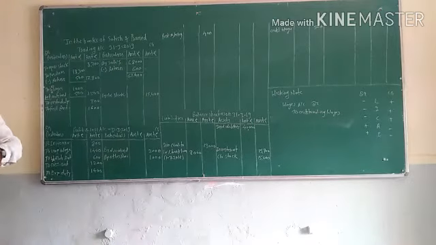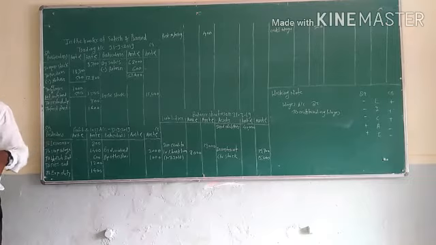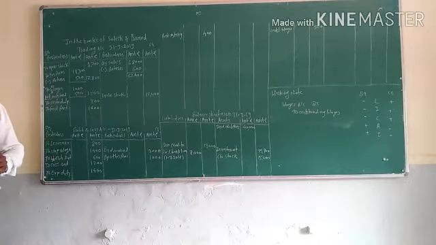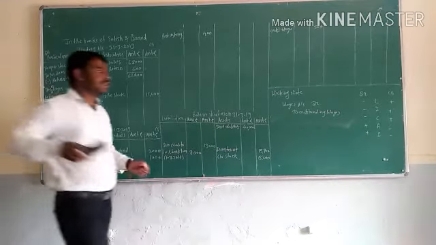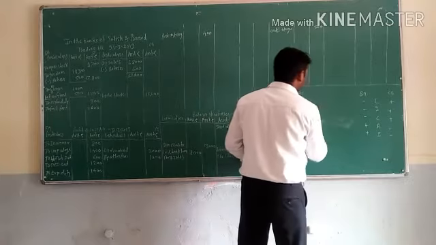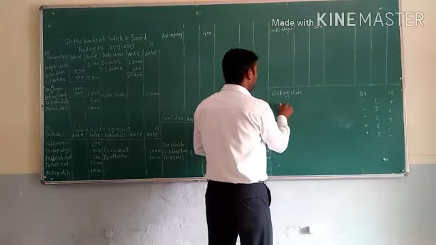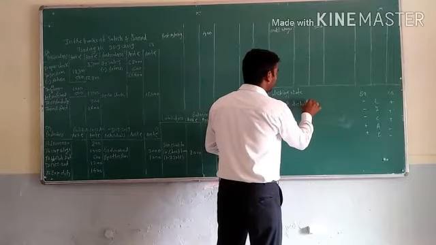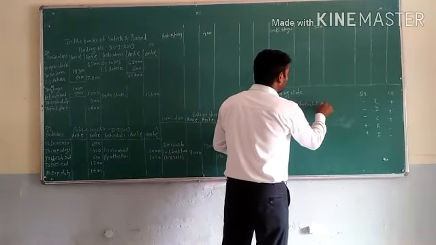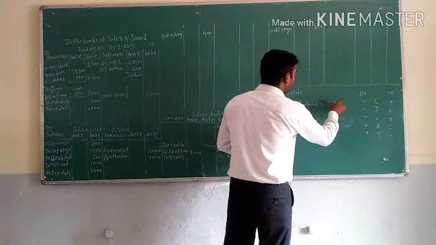So first the fourth adjustment: goods of rupees 1,800 distributed as a free sample. So 1,800 of goods are distributed as a free sample.